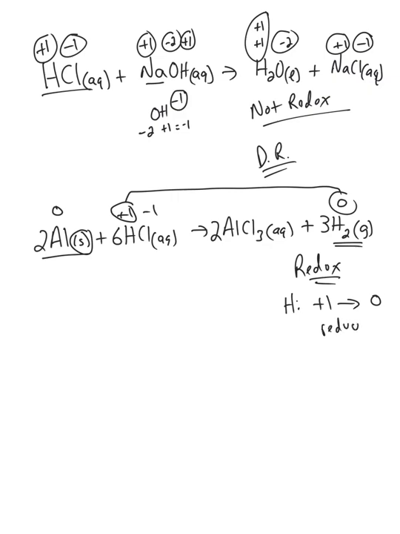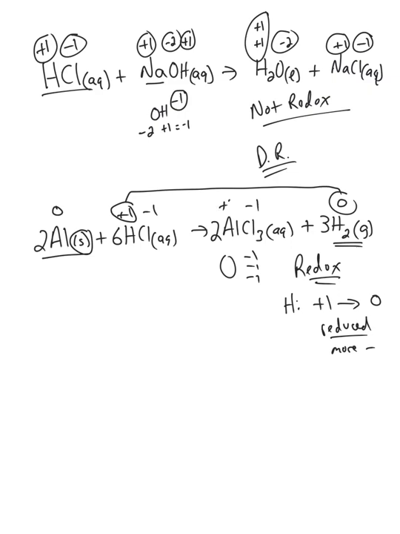And therefore, is hydrogen being reduced or is it being oxidized? It's being reduced because it's becoming more negative. Chlorine in aluminum chloride is -1. There's 3 of them. So what does the aluminum have to be, so that it sums to 0, because there's no charge on the chemical compound aluminum chloride? It's a neutral ionic compound.